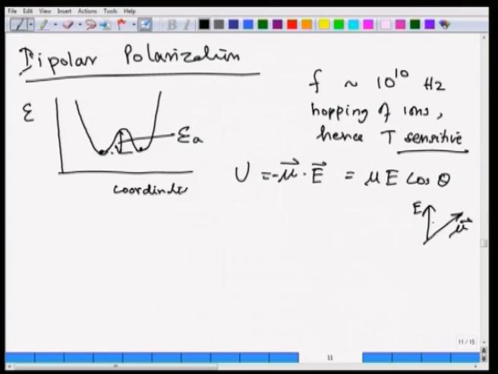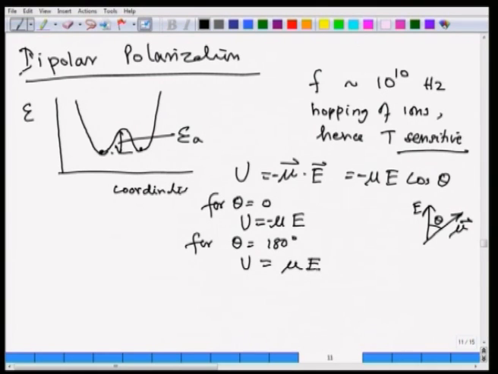So for theta equal to 0, we get U equal to minus mu E, whereas for theta equal to 180 degrees, we get U equal to plus mu E. Then between these two positions, delta U is equal to 2 mu E.